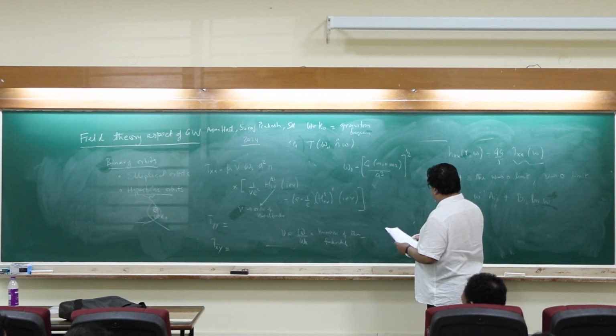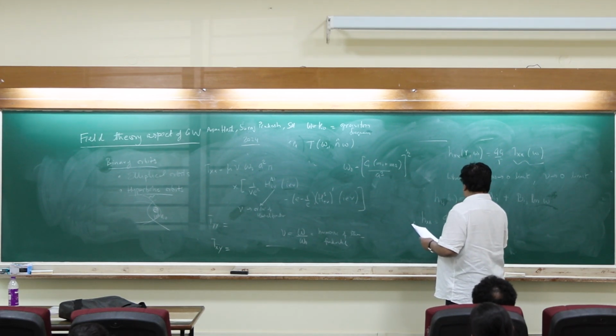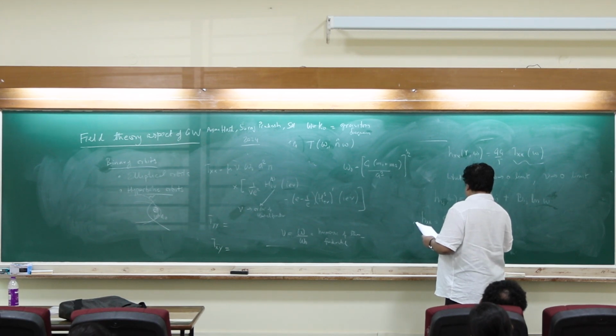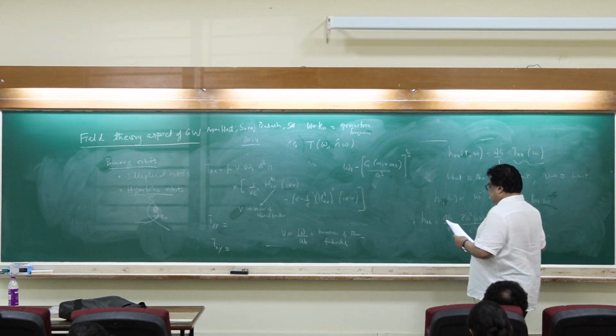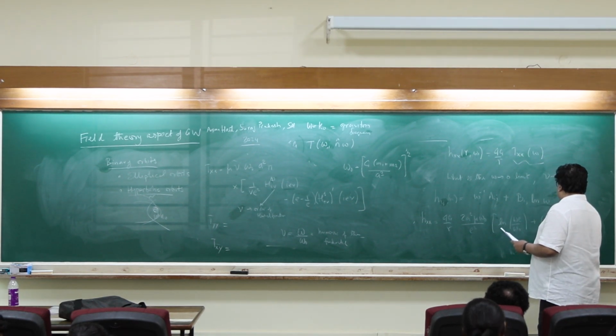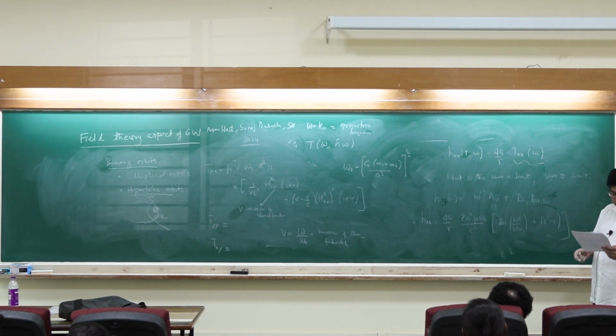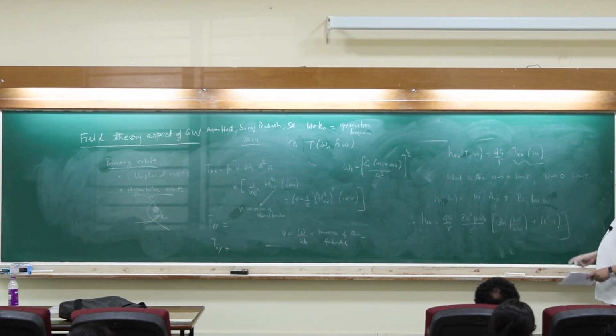So Hxx is 4G by R times something, I think I'll get something of this kind.